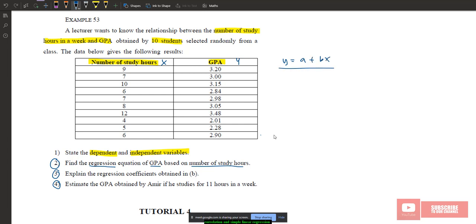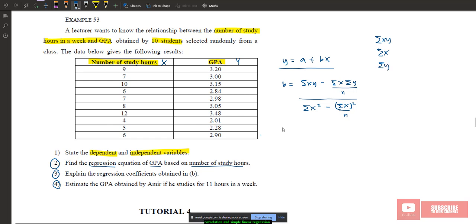So b is equal to summation of xy minus summation of x multiplied with summation of y divided by n, and this is divided by summation of x square minus summation of x, squared, divided by n. Of course, in this formula, we need to find the value of summation of xy, summation of x, summation of y, and summation of x square.